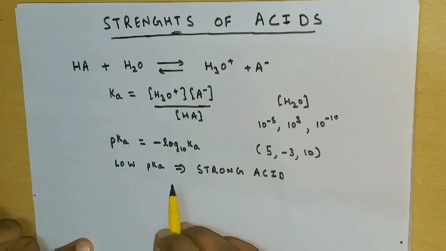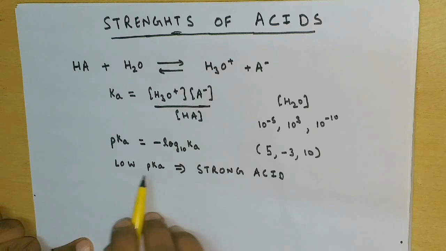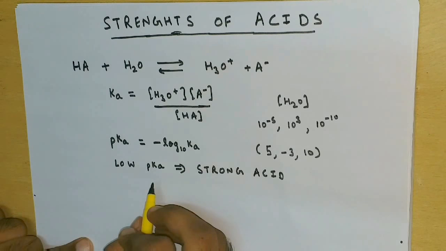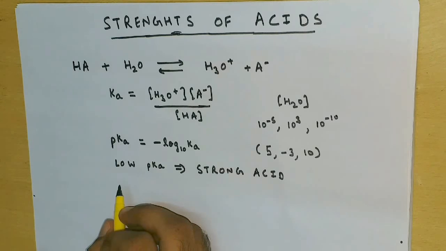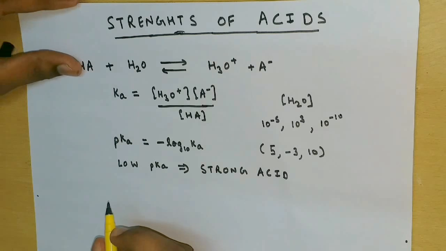I will now take an example on how to compare the strengths of two acids if their pKa values are given. So I will just assume the pKa values, evaluate their Ka values and determine their ratio.